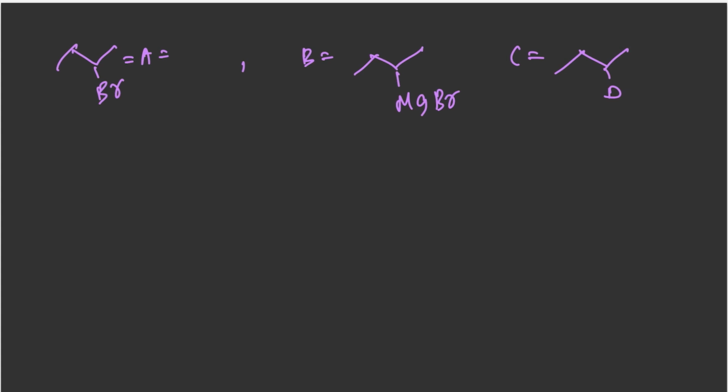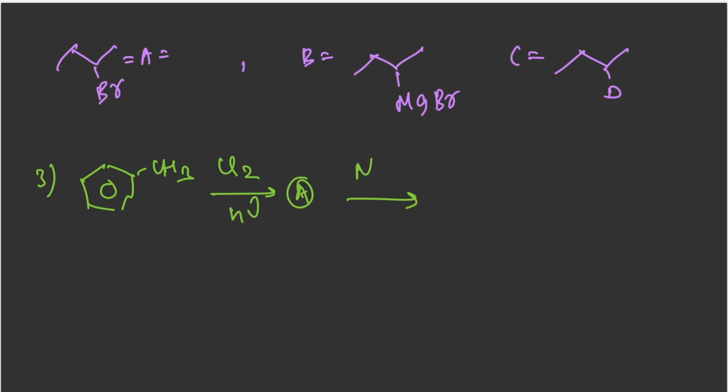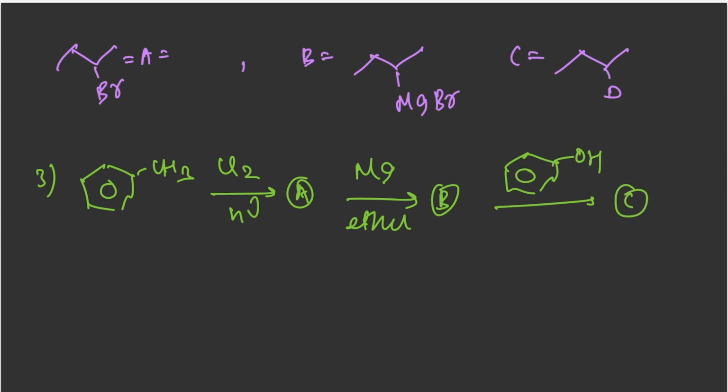Now look at the third. We have toluene reacting with Cl2 in the presence of light. It will form A. A will react with magnesium ether. It will form B. And B will react with phenol. It will form C. How will we solve this?